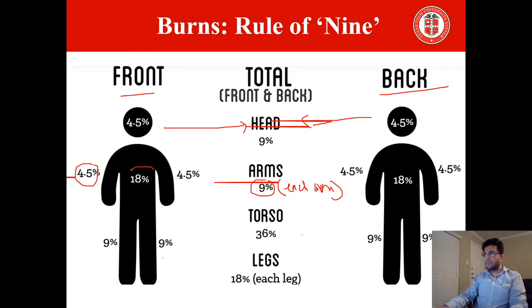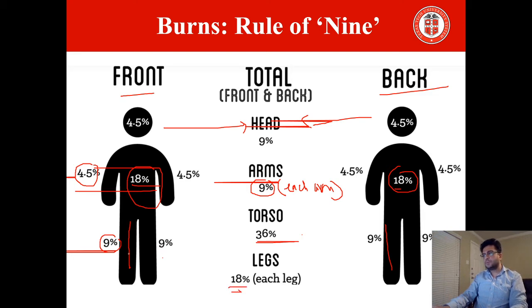And if we think about the torso, it's 18% front and 18% back, so it's a total of 36%. And for legs, it's just double of the arms because they obviously have a larger surface area. So 9% front, 9% back, so 18% in total for each leg.